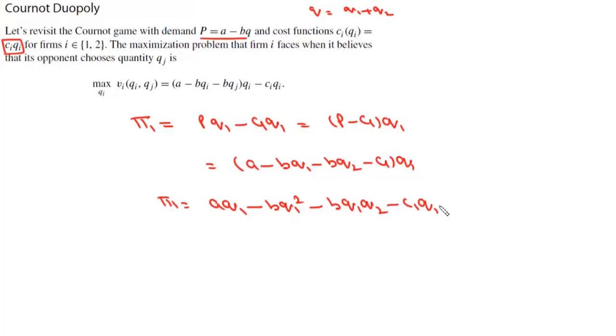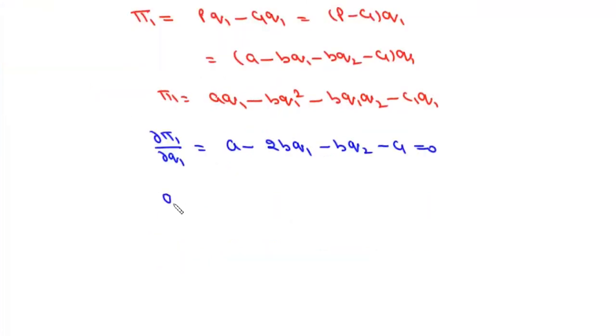So this pi 1 will be A Q1 minus B Q1 square minus B Q1 Q2 minus C1 Q1. Now we'll find the best response for firm 1 by maximizing its profit. So del pi 1 upon del Q1 will be A minus 2B Q1 minus B Q2 minus C1, and it must be equal to 0. So from here Q1 must be equal to A minus B Q2 minus C1 upon 2B. This is the best response of firm 1.